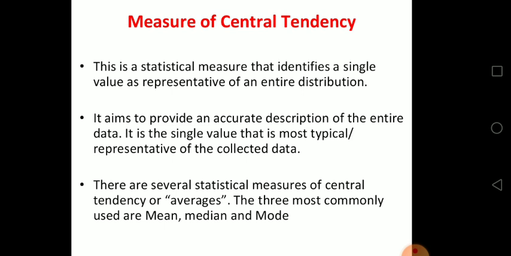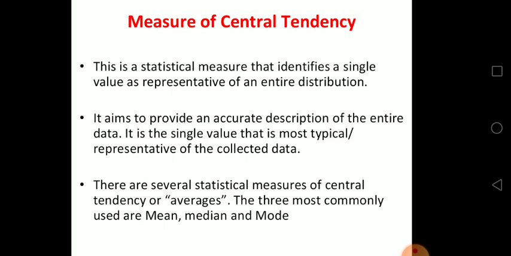Now, there are several statistical measures of central tendency, and most times we call these measures of central tendency averages. So we have different measures of central tendencies, and the three most commonly used are the mean, median, and mode.